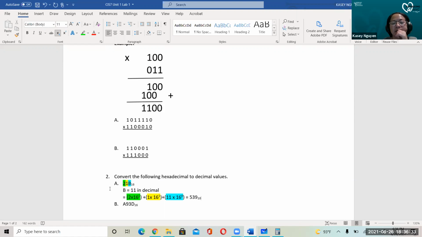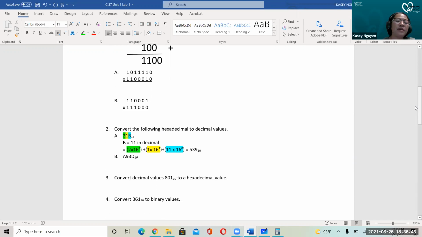Any questions? Okay, now you know how that's done. You can try number 2B. Start with D, and that will be multiplied by 16 to the 0 power, and then plus 3 times 16 to the first, plus 9 times 16 to the, and so on.